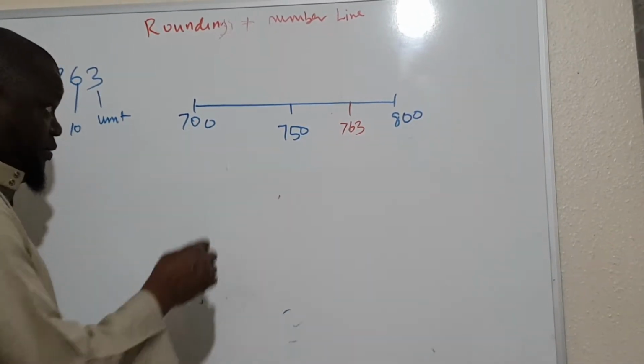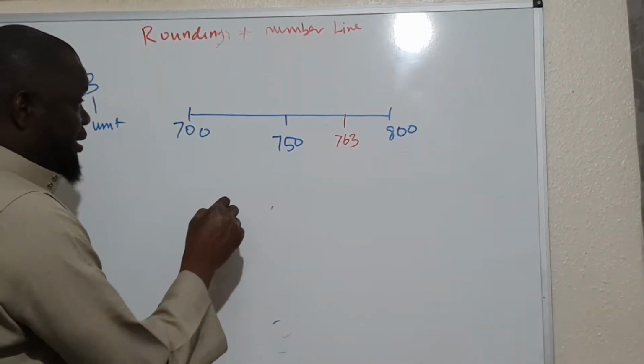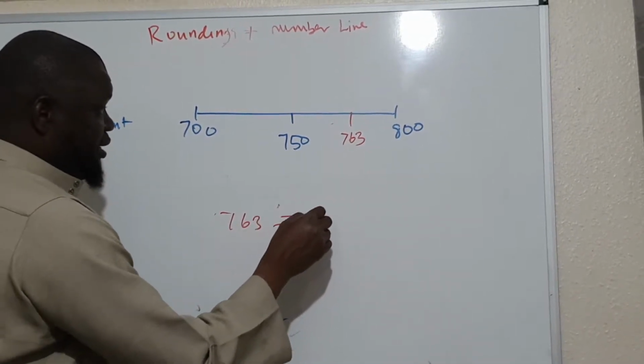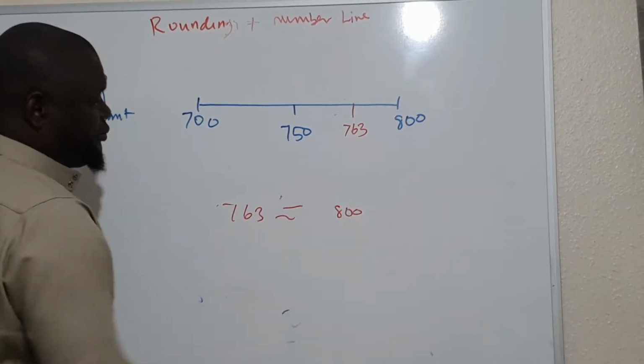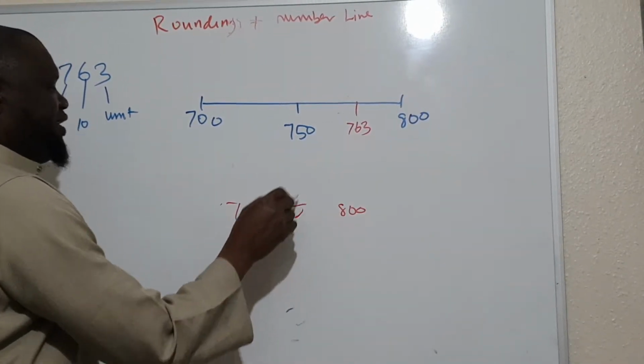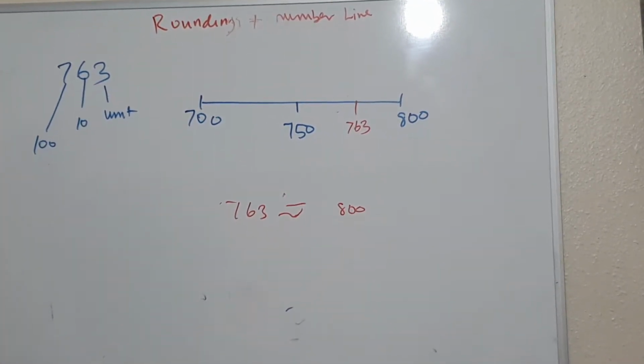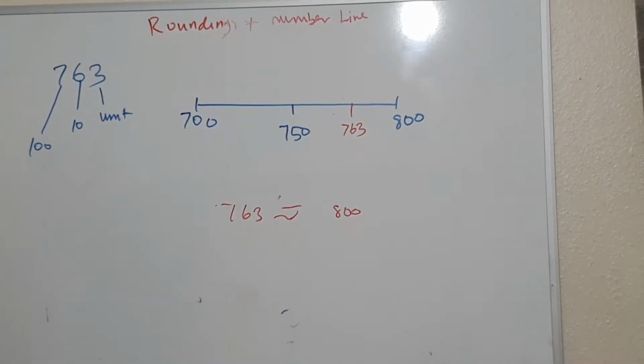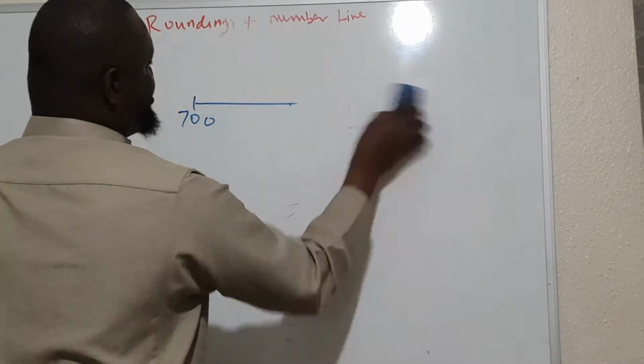So therefore, 763 to the nearest 100 is 800. Now this is the nearest 100. You guys see? Yeah.